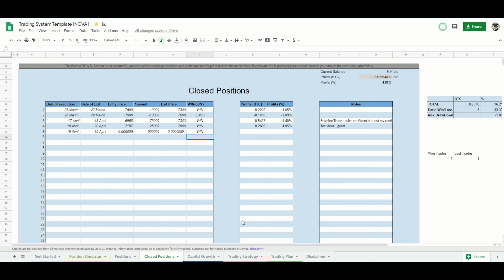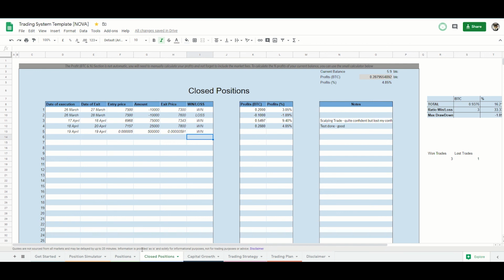This section is not automatic, so you will need to manually calculate your profits. The reason why is because we cannot automatically calculate the market fees for you, so you need to include it. It's really important because sometimes the market fees are higher than expected. It's actually quite interesting to analyze after, because if your risk reward is reduced too much because of market fees, you might consider taking another exchange.